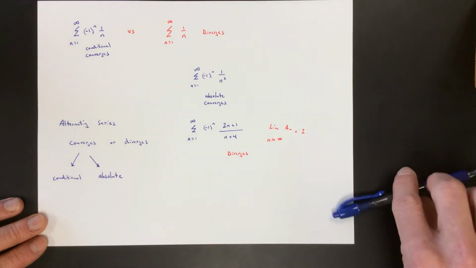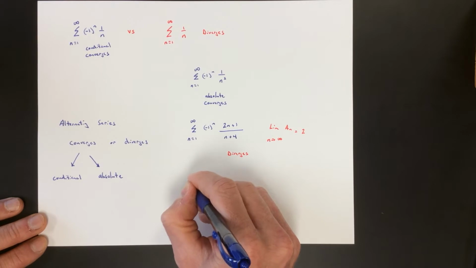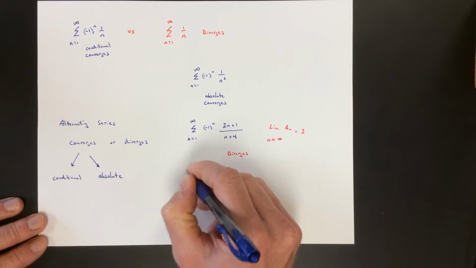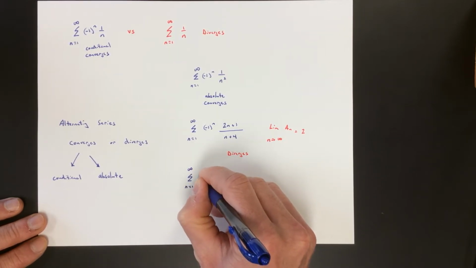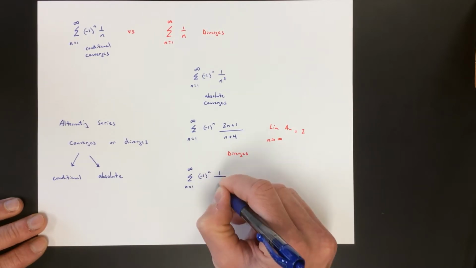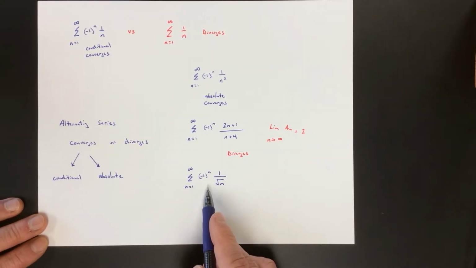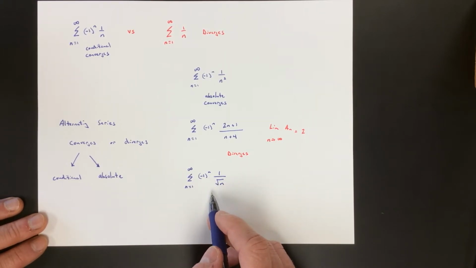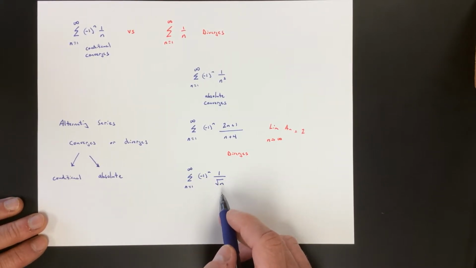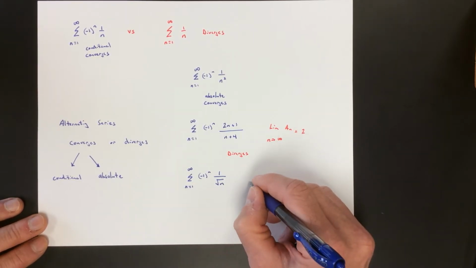How about the sum from n equals 1 to infinity of the alternating 1 over square root of n? Does it alternate? Yes. Do the terms decrease in absolute value? Yes. Does 1 over the square root of n go to 0 as n goes to infinity? Yes. So it converges.